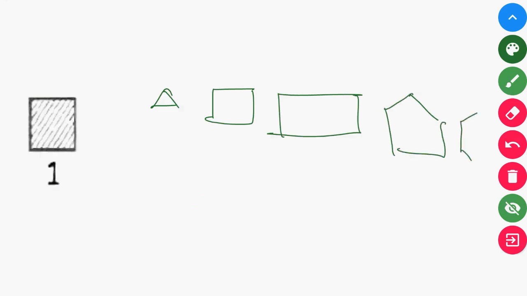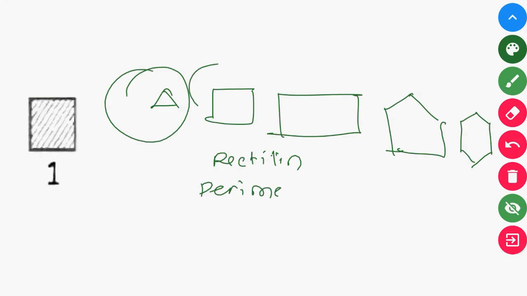So we saw that all polygons like triangle, square, rectangle, pentagon, hexagon, septagon, octagon, all closed figures, all these polygons are rectilinear, and we can calculate their perimeter and their area also. And we saw the formula to calculate the perimeter of basic shapes: rectangle, triangle and square.